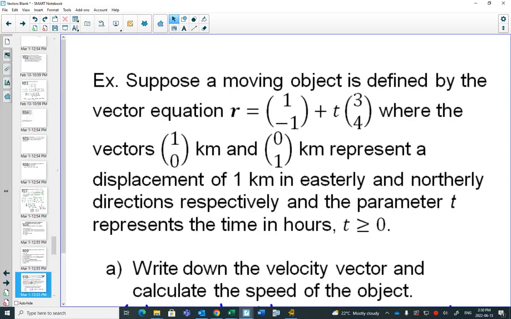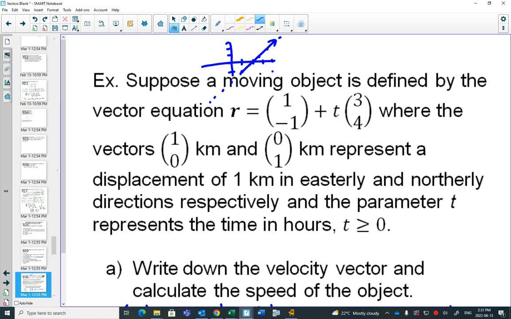So basically what this means, when we draw it out, you would have the point 1, -1. So that point is on your line. Your direction vector is 3, 4. So that would mean 3 in the x direction and 4 in the y direction. And your equation of your line would mean that it continues along that way.